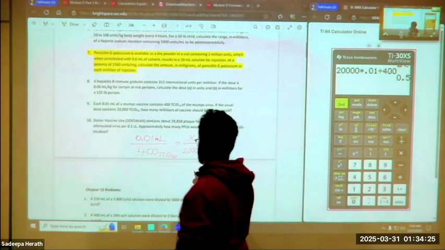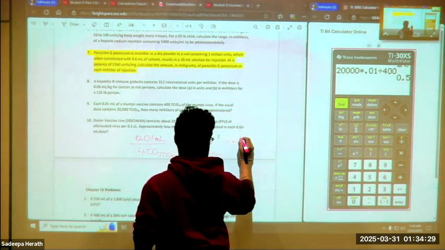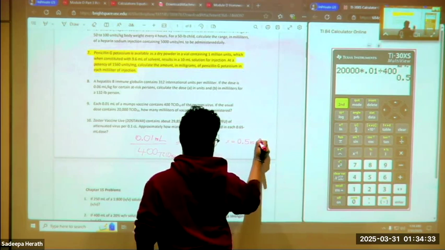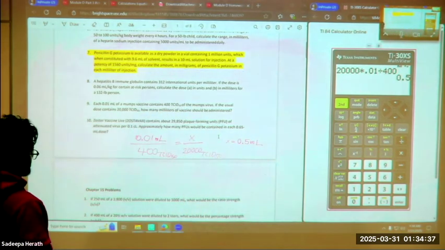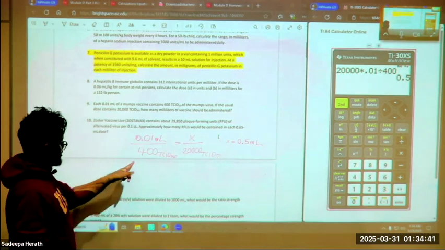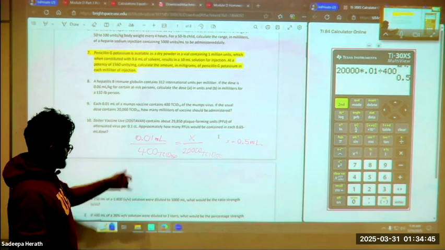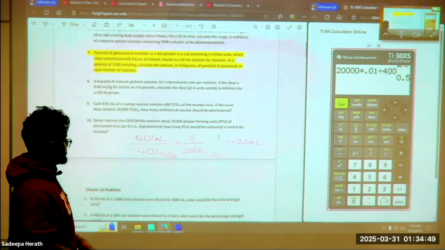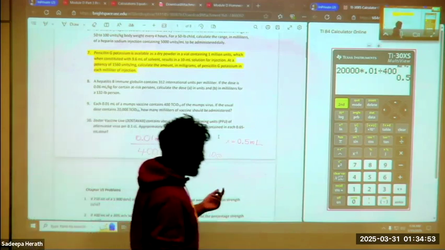X equals 0.5 ml. If you really want to look into it, 20,000 divided by 400 is 50, and then 50 times 0.01 is 0.5. So that does make sense.